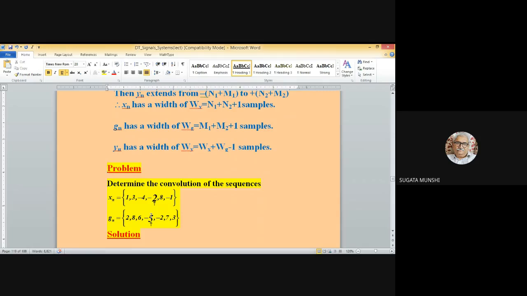How do you perform the convolution? There are several ways to tackle this problem. You can use straightforward convolution, or a better one is what I'm trying to show here. You'll also find it in the textbooks.